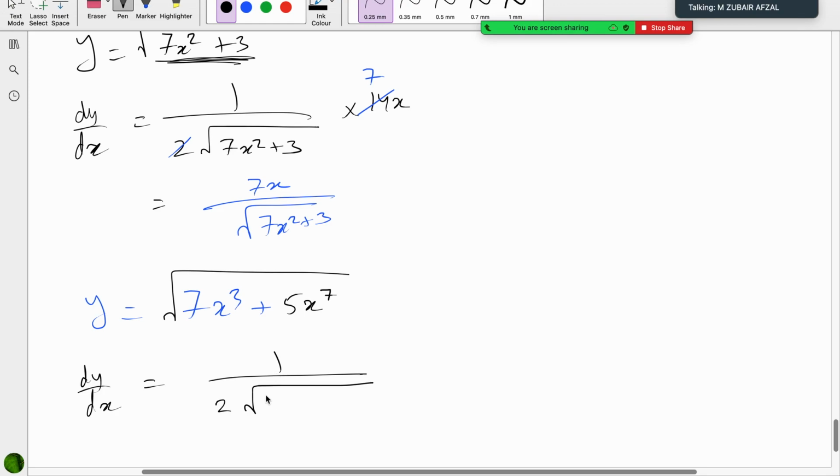Second step, copy the main question, 7x cube plus 5x to the 7. Third step, differentiate what is inside the square root, and that is 7 times 3, 21x square, plus 5 times 7, 35x to the 6. This is your answer. Either you go step by step or you solve it directly, for square roots this is always your answer.